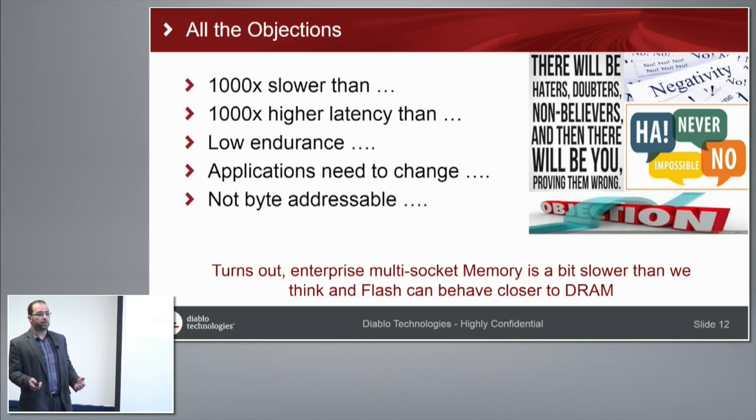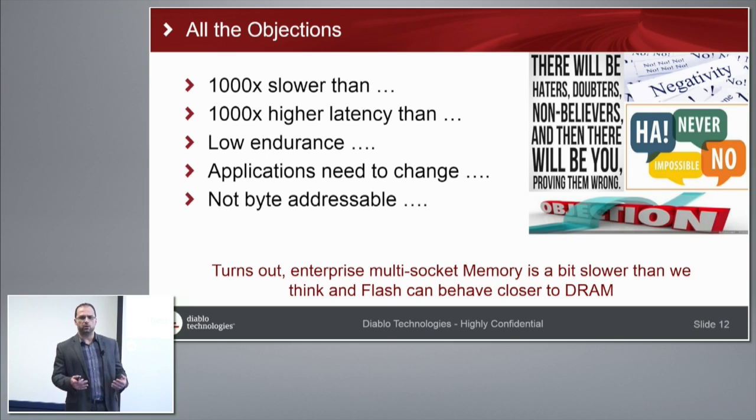Infinite endurance for DRAM, limited endurance for flash. Applications do not today know how to exactly leverage flash as memory as is, and of course, not being byte accessible is another reason why people do not think flash can be used as a memory expansion.